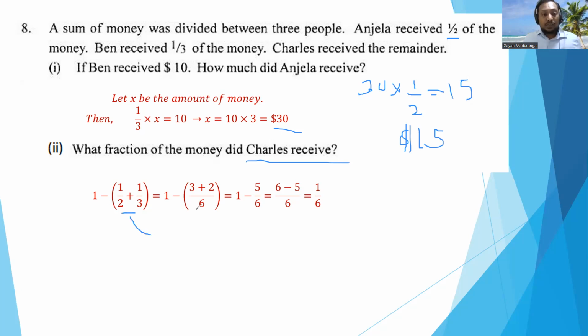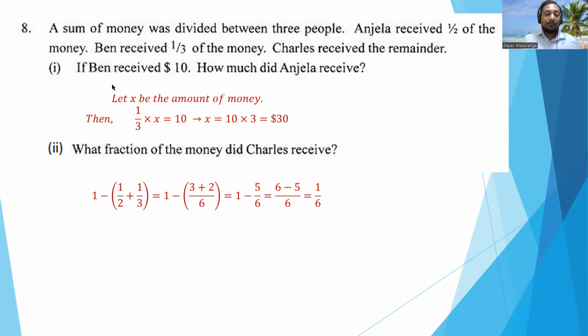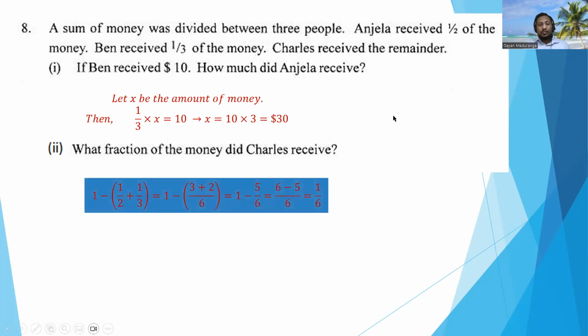Half plus one third, the common denominator is 6, and it's 5 over 6. When you subtract 5 over 6 from 1, it's 1 over 6. So Charles receives 1 over 6. It's the smallest amount among the three. Next question.